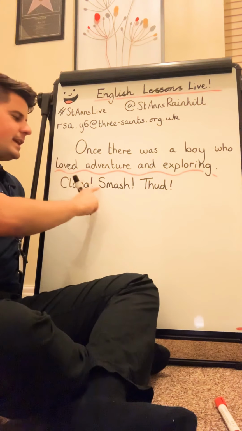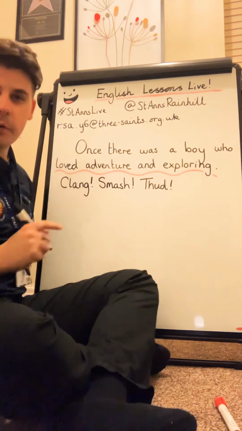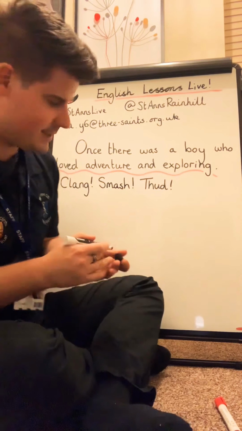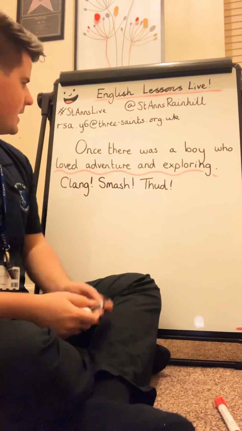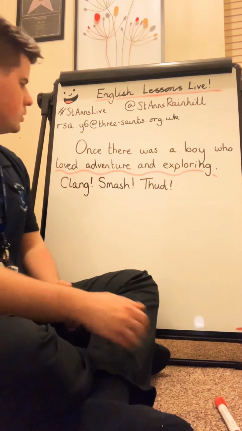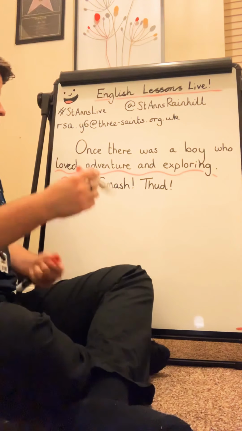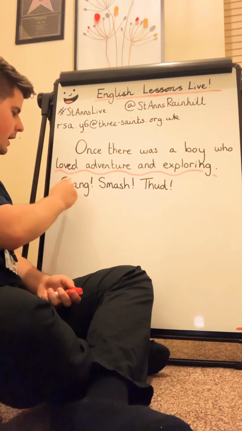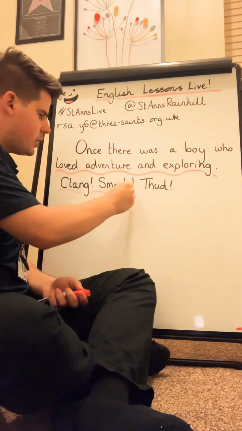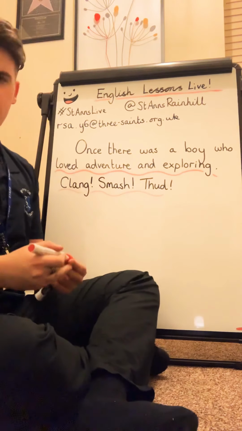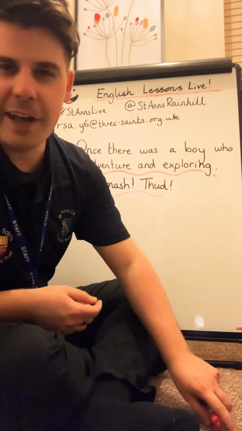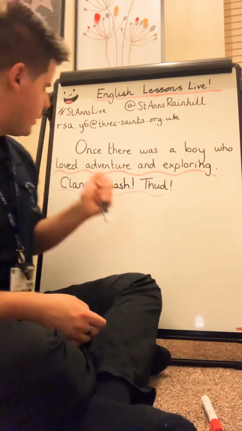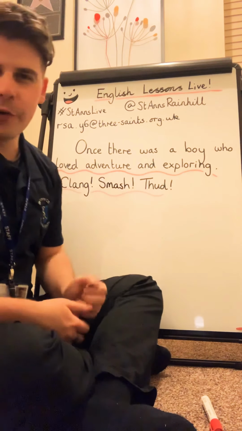I'm just remembering that they each need to start with a capital letter though, because they are their own sentence. That's good, isn't it? Once there was a boy who loved adventure and exploring. Clang, smash, thud.